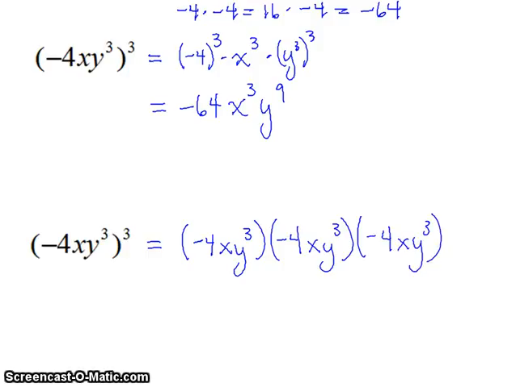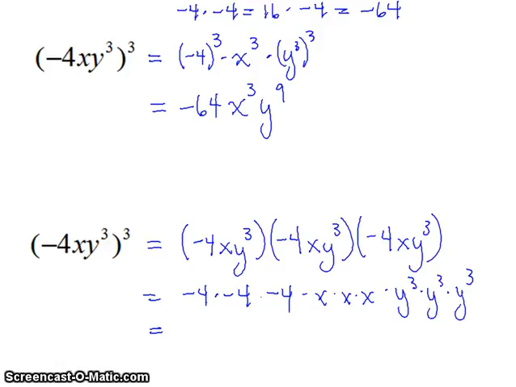Okay, and that gives us negative 4 times negative 4 times negative 4, times x times x times x times y to the third times y to the third times y to the third. And so we have negative 64 x to the third y to the ninth.